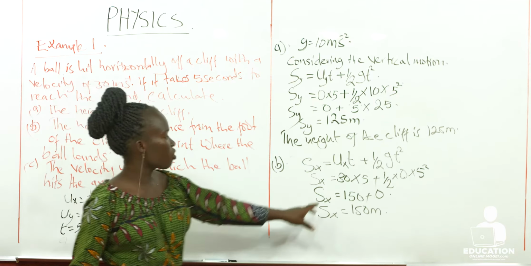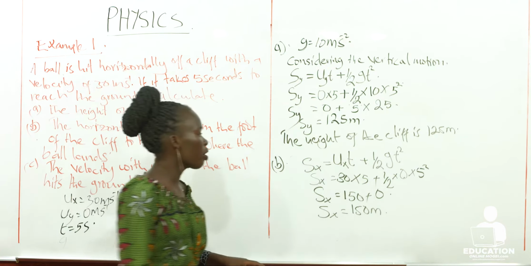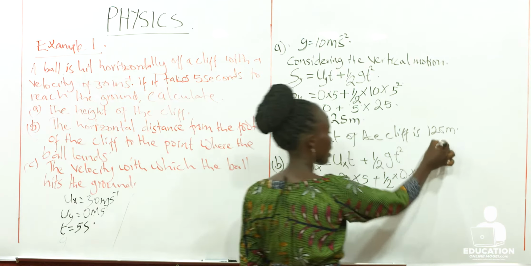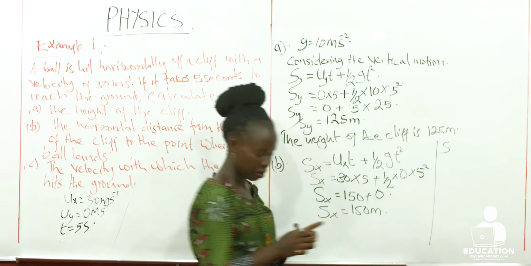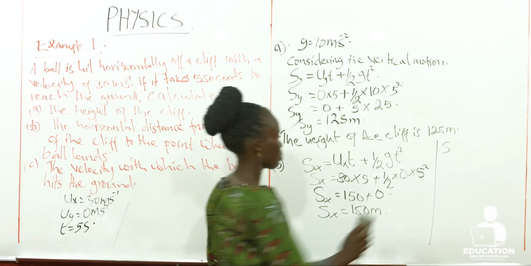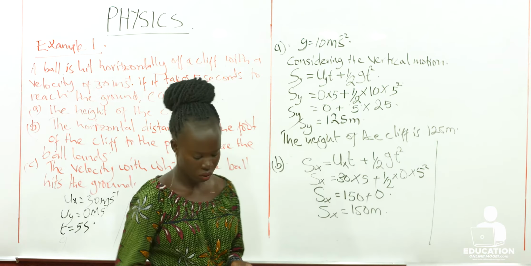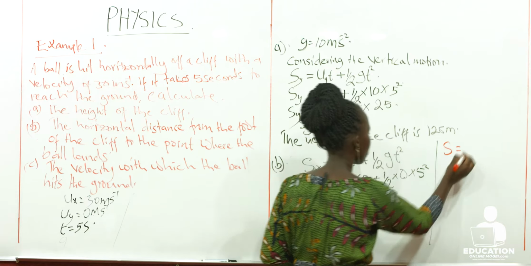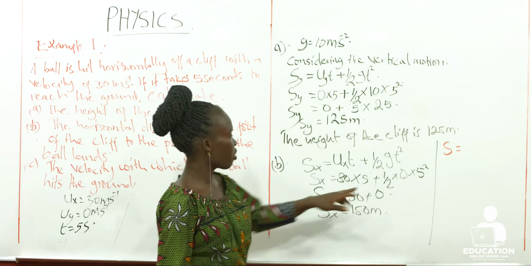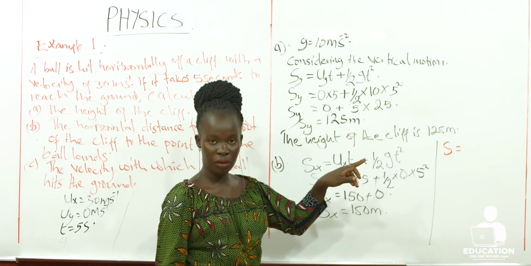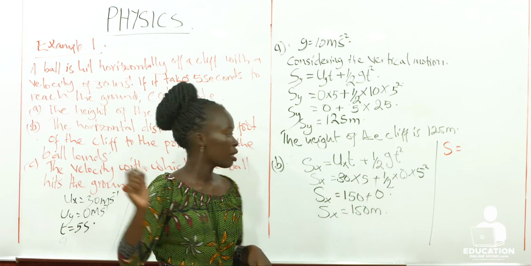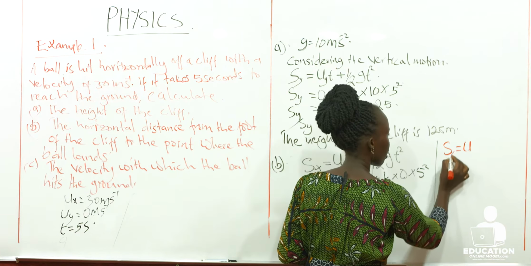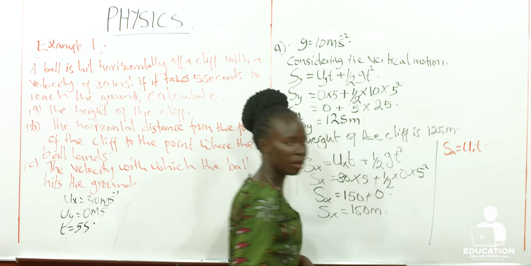If you do not want to use the whole of this, and you already know that acceleration due to gravity is 0, you just have it as your s. So you can also have it as your s is equals to, since we calculated already and we know that this one here is 0, from the equations we had, we shall see that our s is equals to ut.